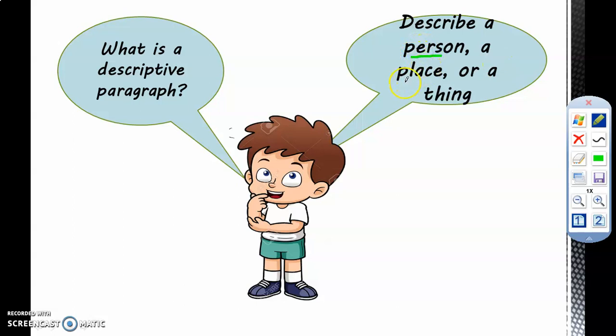I can describe a place, or I describe a thing, okay? So that is what we mean by descriptive paragraph. It means I write a paragraph in which I describe a person, I describe a place, or I describe something. It can be also an animal. Okay, let's see how we can do that.